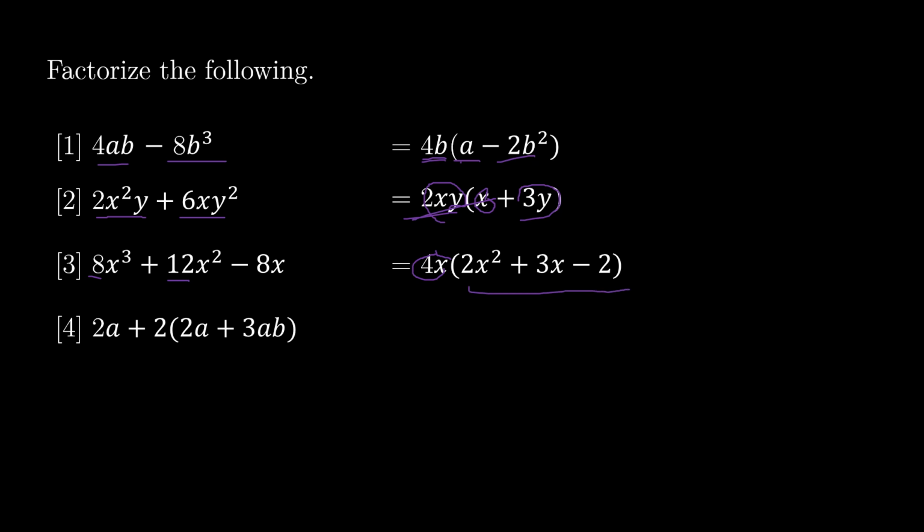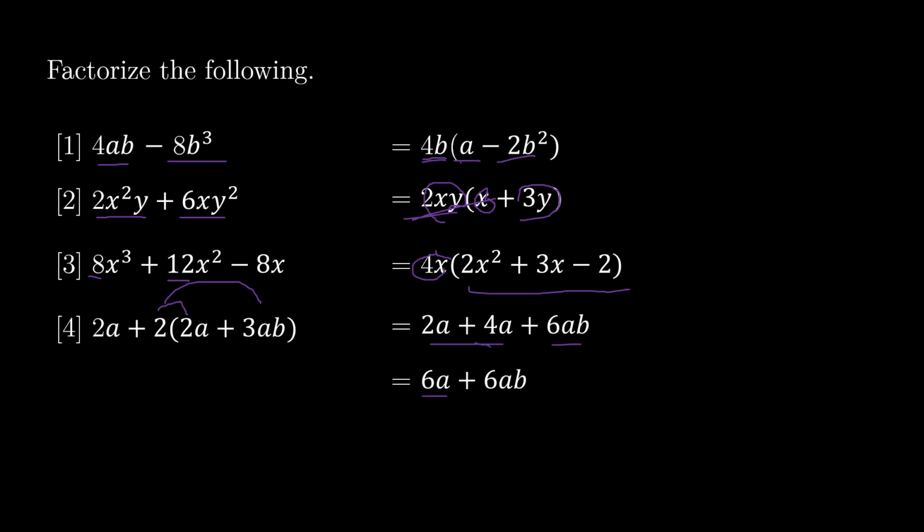So here, what we're going to do is distribute first this one. That will become, this 2 times 2a will become 4a. 2 and 3ab will become 6ab. You notice that 2a and 4a are similar terms, so we need to combine them, and that becomes 6a.